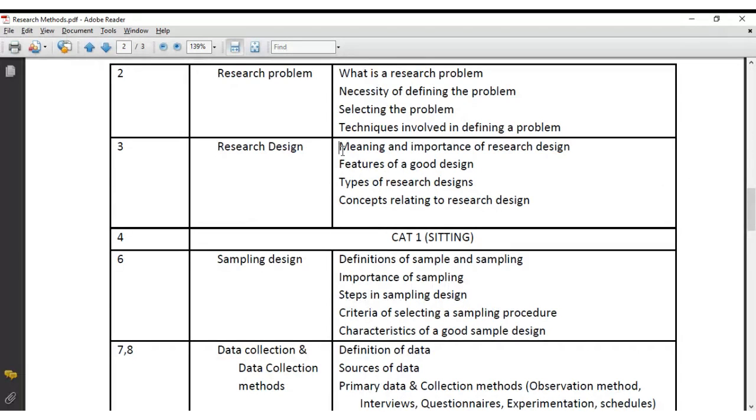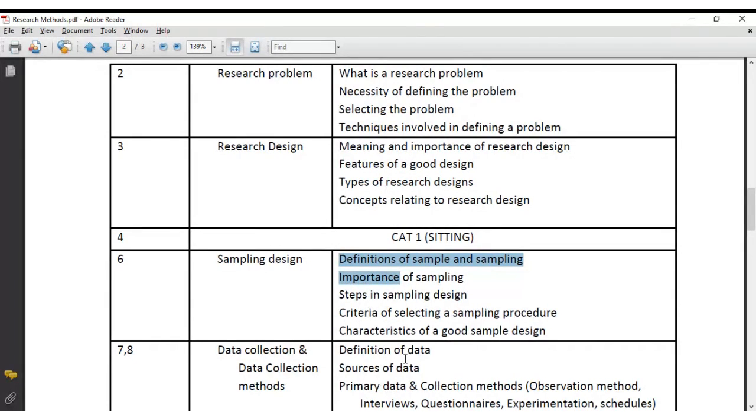Then in chapter 4, we are going to study sampling design. So under sampling design, we are going to discuss definitions of sample and sampling, importance of sampling, steps in sampling, criteria of selecting a sample, a sampling procedure, and characteristics of a good sample design.